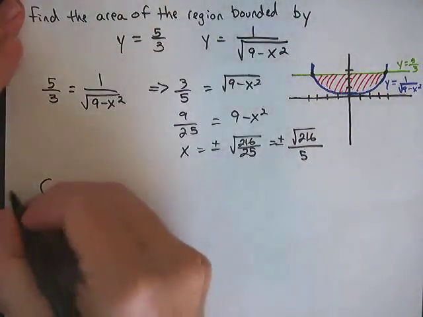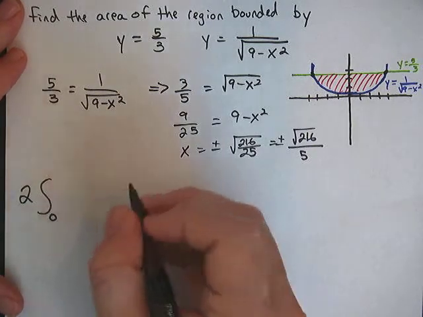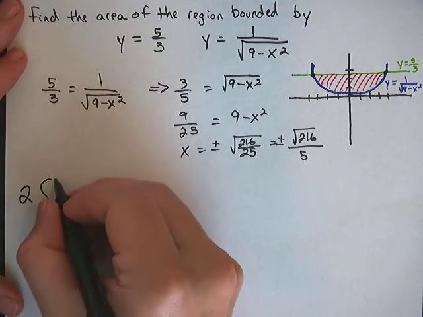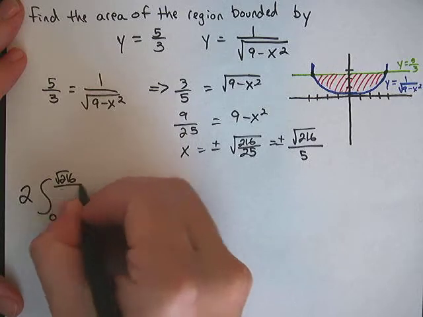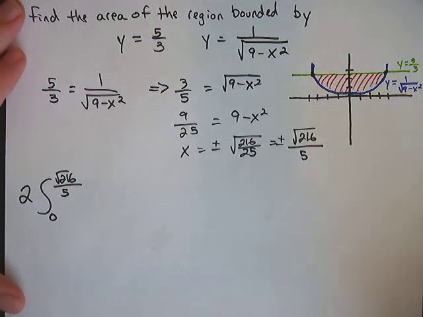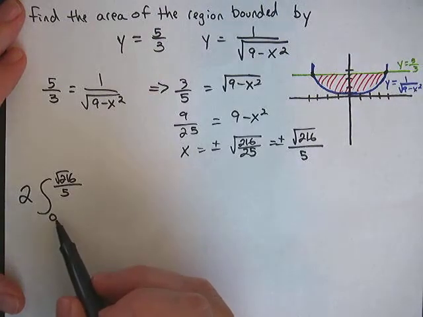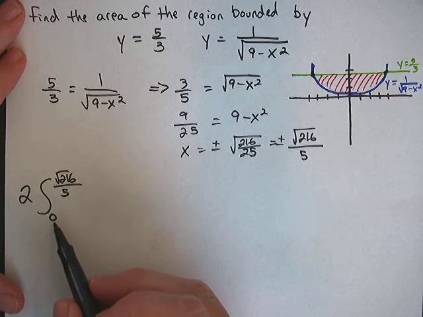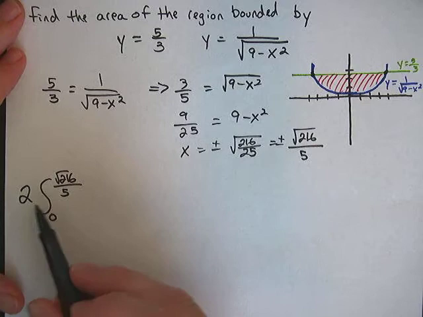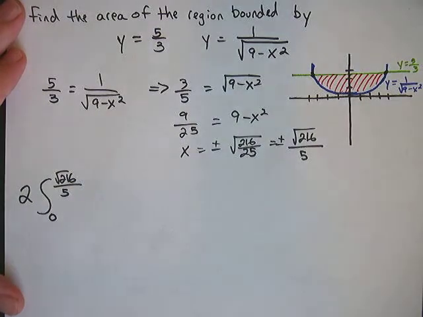So I'm going to go 2 times the integral from 0 to square root of 216 over 5. If I didn't use the symmetry, my bottom limit would have to be negative square root of 216 over 5. But using symmetry, sticking a 2 out front makes it easier to plug in our limits when we get to that point.